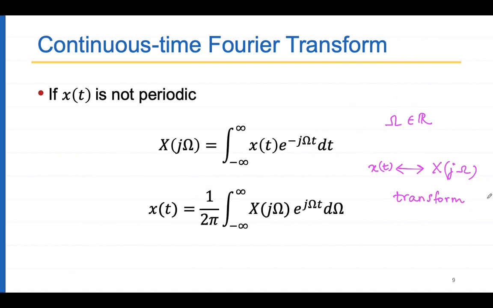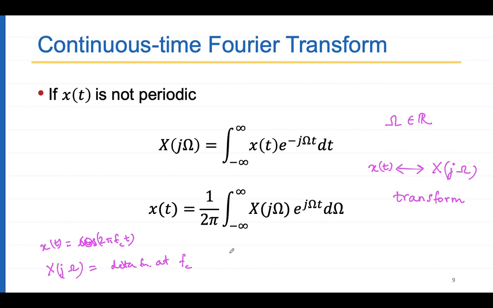A useful example in this regard will be, if my x(t) is a sinusoid, let's say sine 2 pi fc t or cos 2 pi fc t, let's make it cos. So what I find is my X(j omega) will be a delta function at fc.